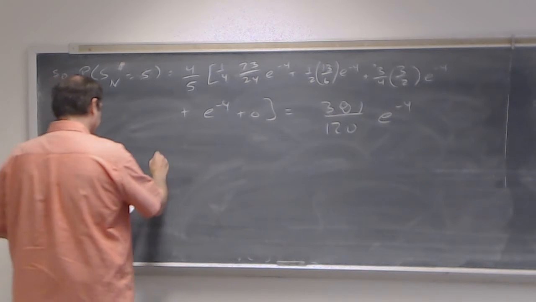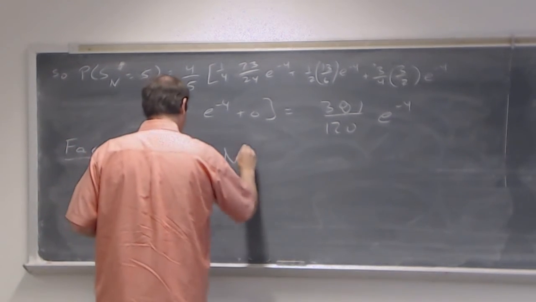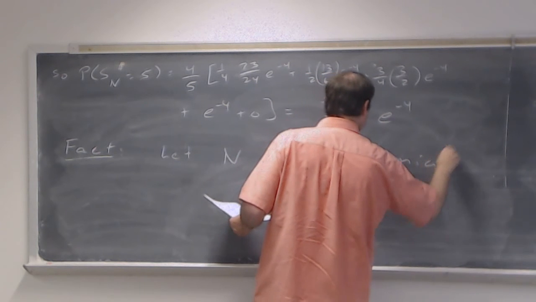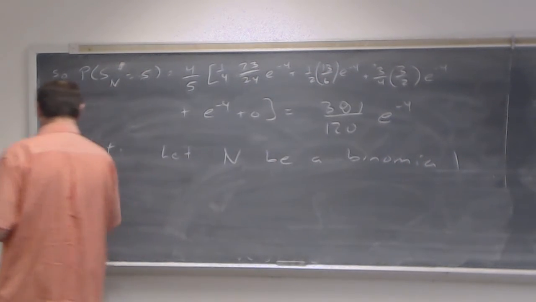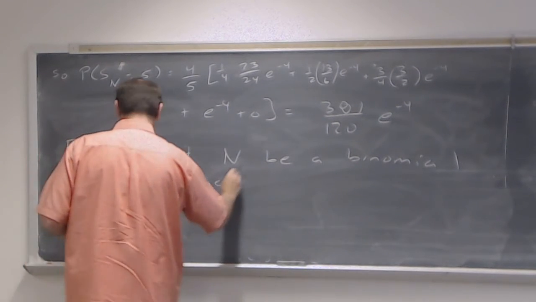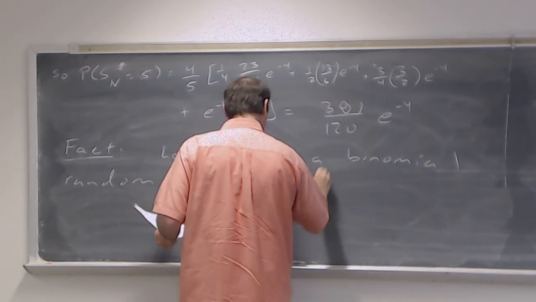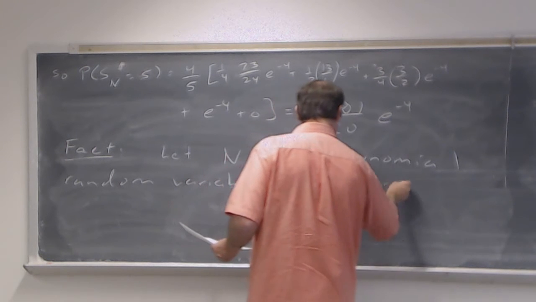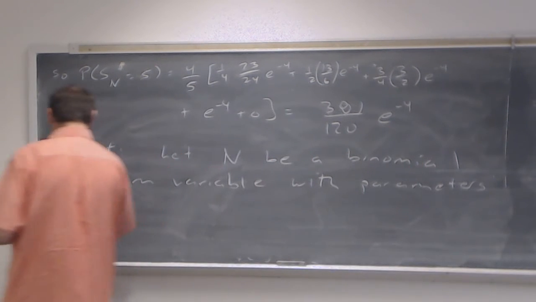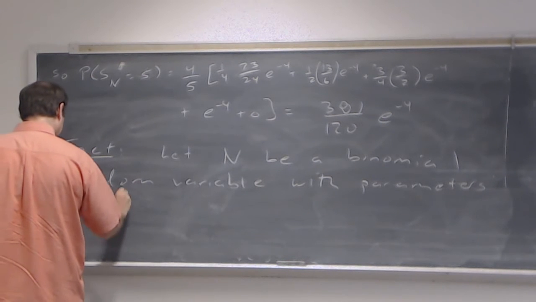So here's what it says. It says let N be a binomial random variable with parameters R and P.